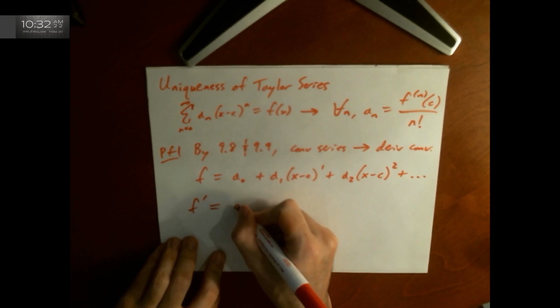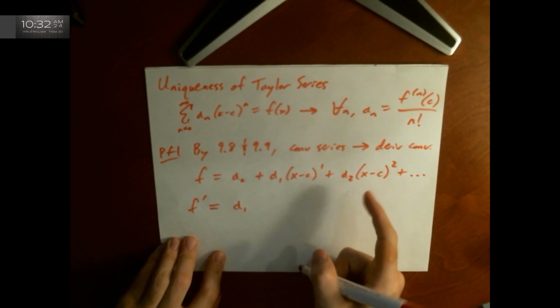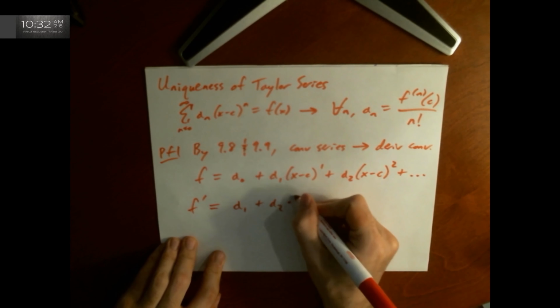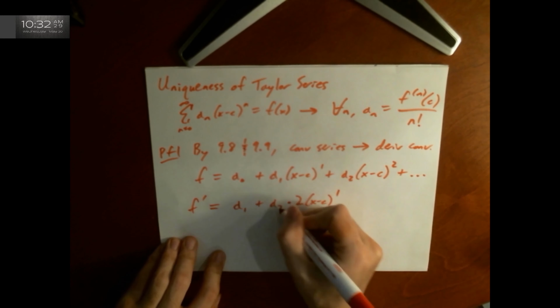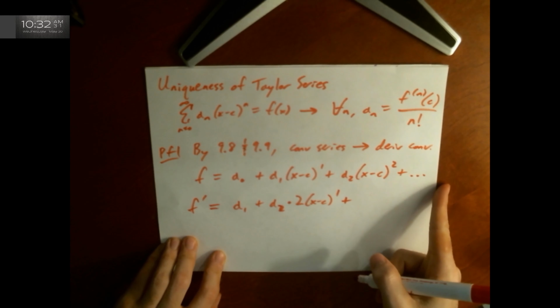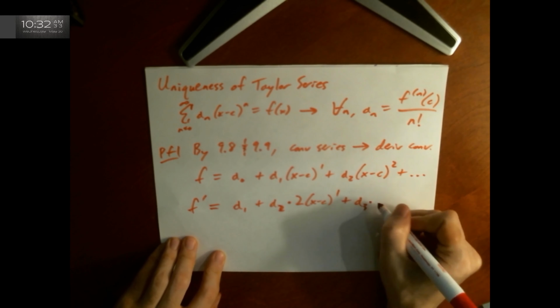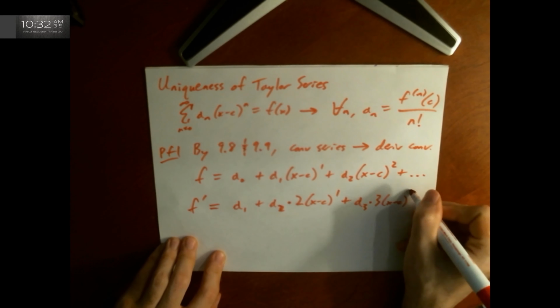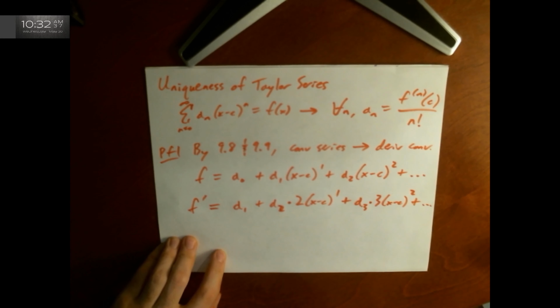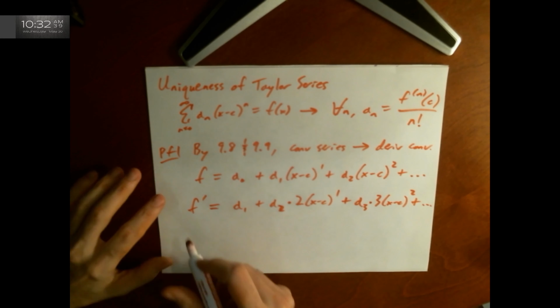Here I get an a1, and then plus an a2 times 2 times x minus c to the 1. And the next term would give us an a3 times 3 times x minus c squared, and so on. Let's take another derivative.